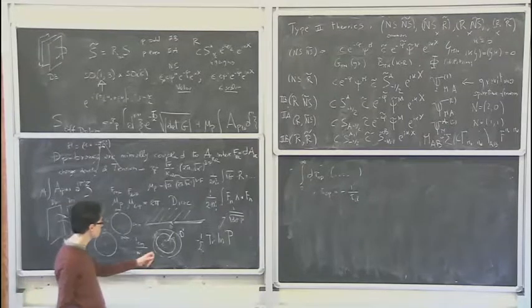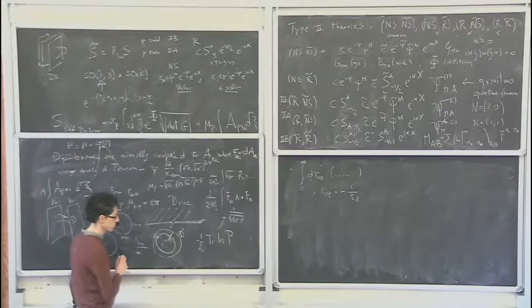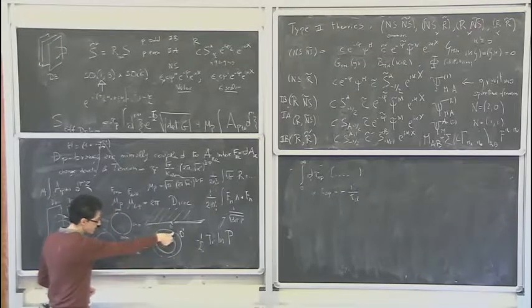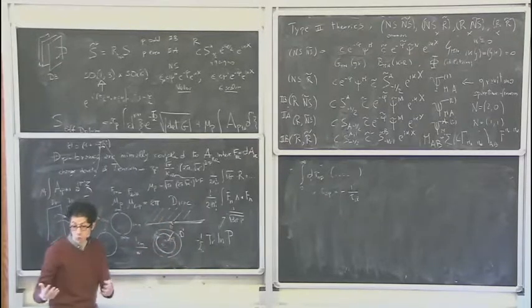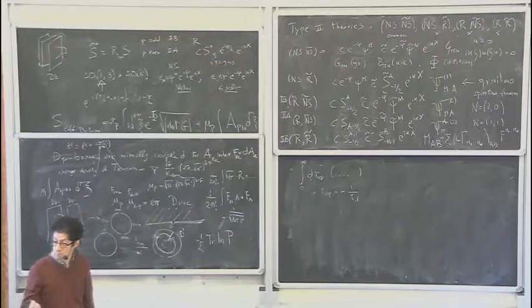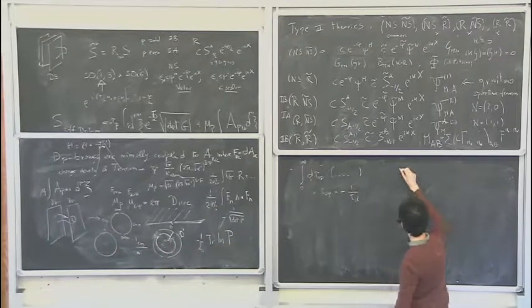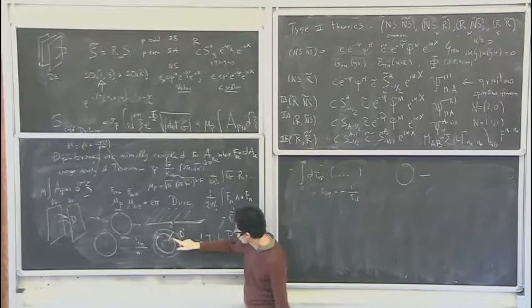If in this picture I was thinking about this direction as the time evolution direction, and this direction as the space, then I see this as an open string that does one loop, as I would do in normal quantum field theory. In this picture, tau closed, where I exchange the role of length and width, I write in terms of width divided by length.